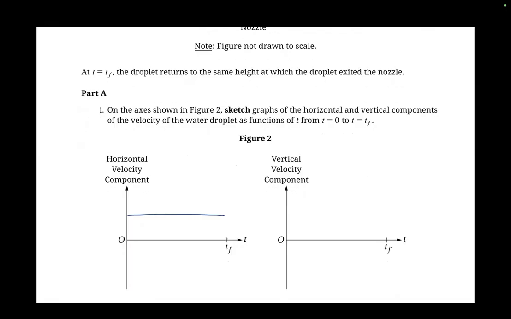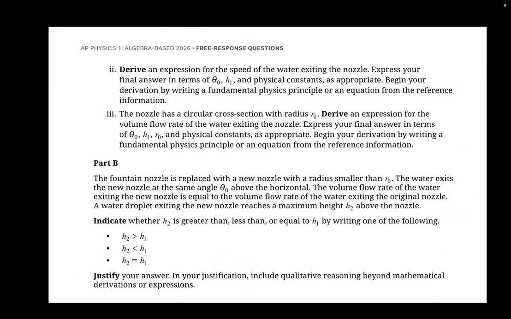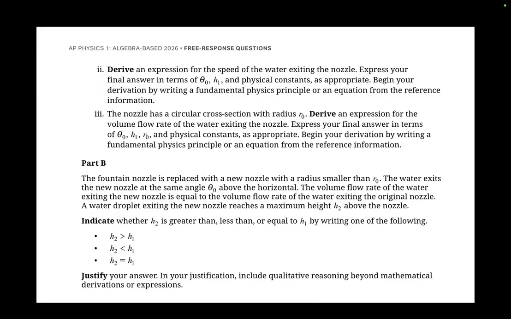The vertical velocity should start out positive, get to 0 about halfway through its motion, then continue with that same negative acceleration toward the final value at tf. We'll draw that pretty symmetrically around the middle, and the slope of that line should be about negative 9.8 meters per second squared.